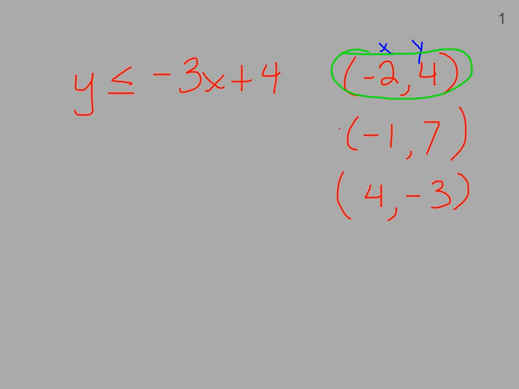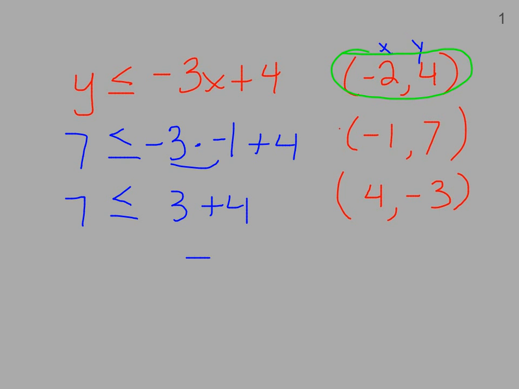And see if that is a solution to the inequality. So if y is 7, put 7 there, less than or equal to, and then -3 times -1 plus 4, and then -3 times -1 is 3, 3 plus 4 is 7, so I have 7 is less than or equal to 7, and since 7 is equal to 7, that's a possibility, then this here is a solution to the inequality.